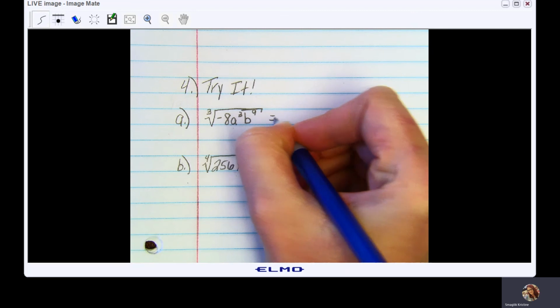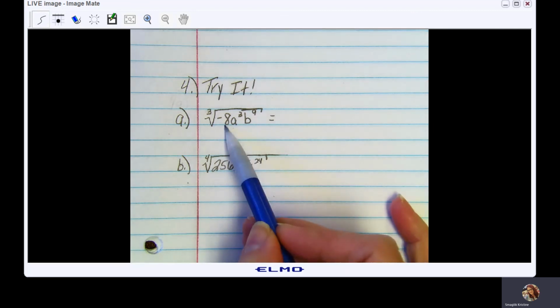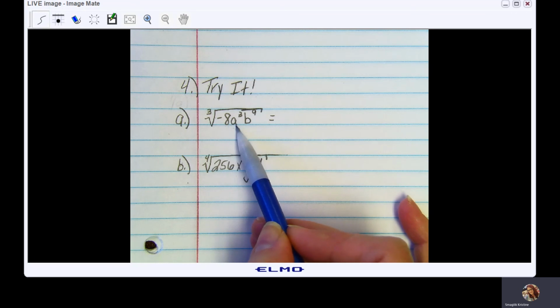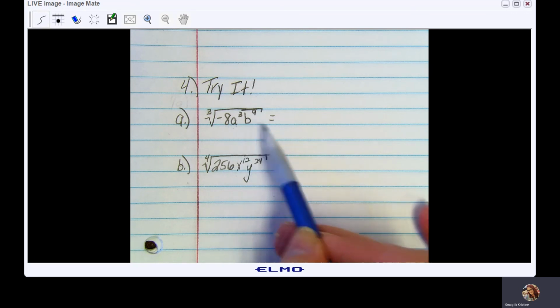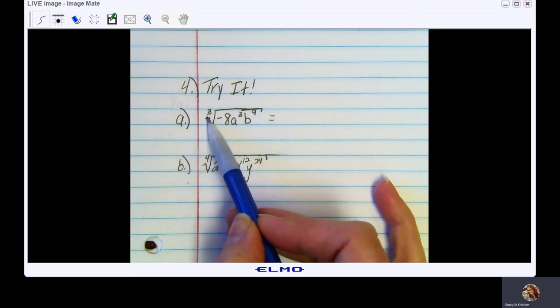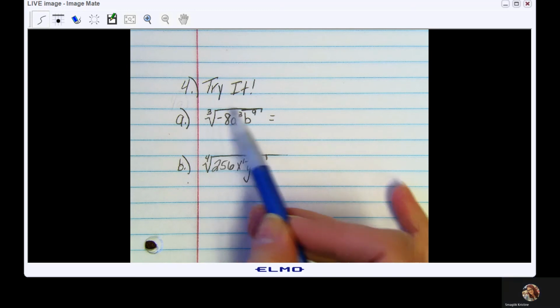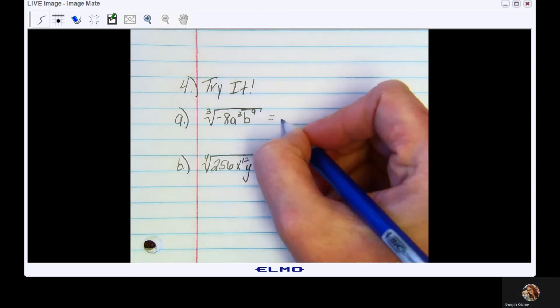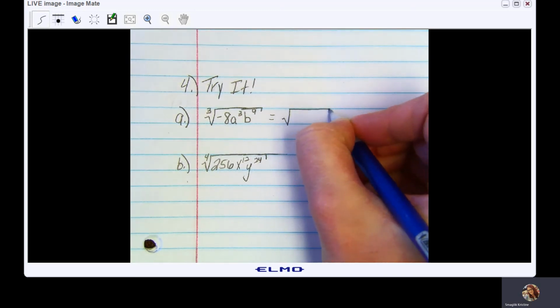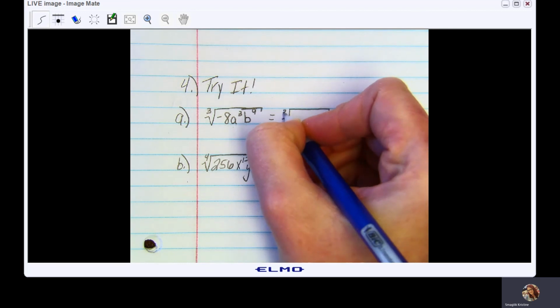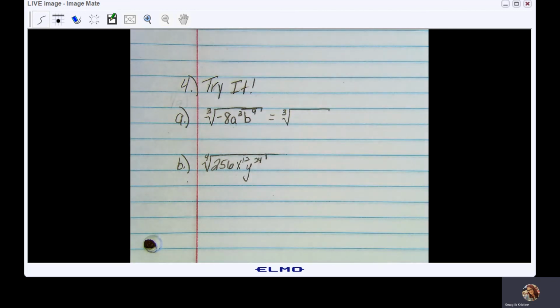So what we want to know, can I write each of these factors, a -8, an a cubed, and a b to the 9th, can I write them with an exponent of 3? Well, here we go. Put my radical in, my 3. So let's tackle -8. Is there a number that I can raise to the 3rd power and get -8?